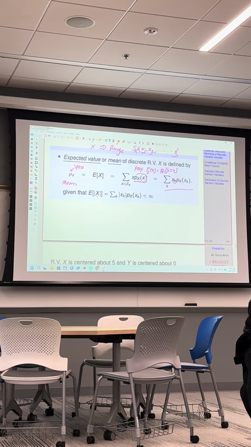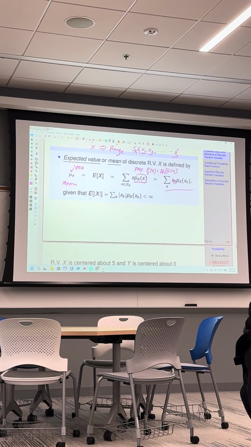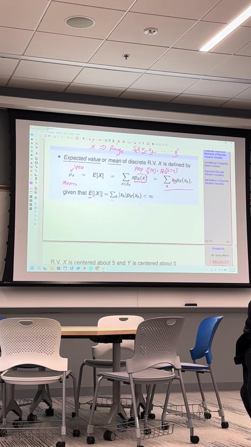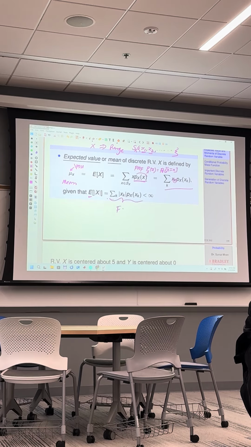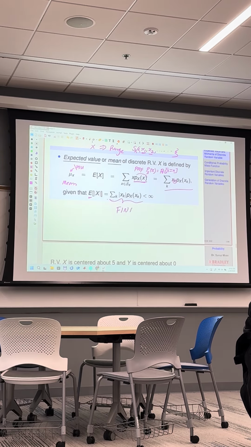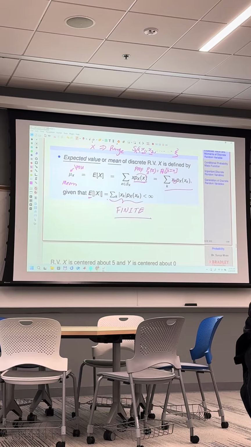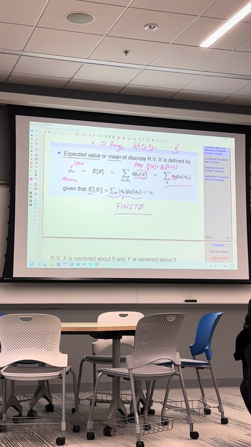This random variable can take positive or negative numbers. Once you have the expectation operator and you sum them up, it has to be less than infinity, which means that this quantity has to be finite. Very important. So that's why I wrote all caps, finite.